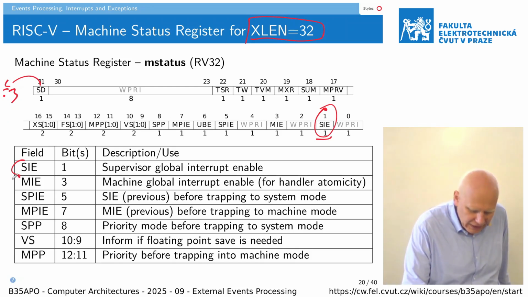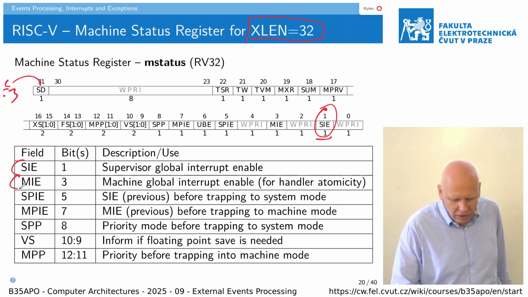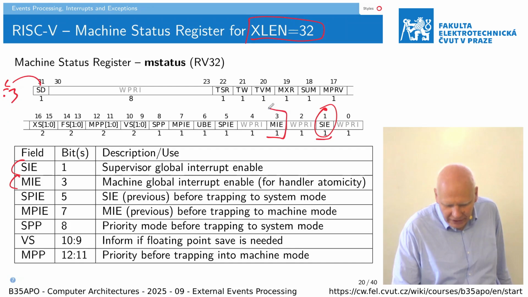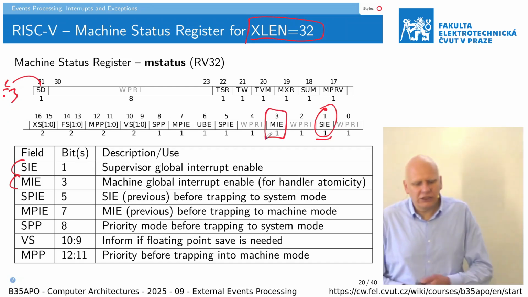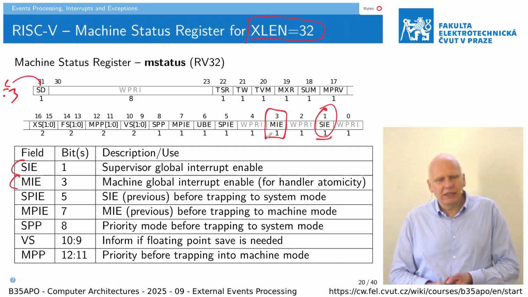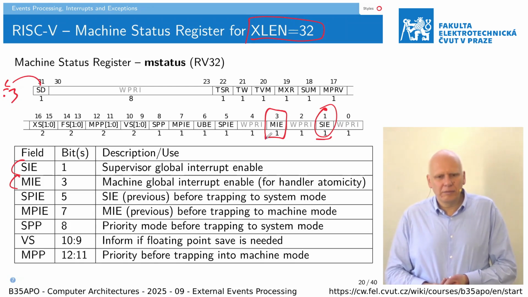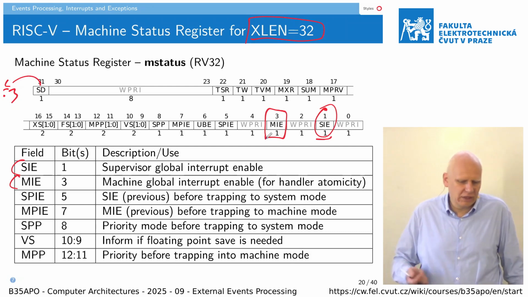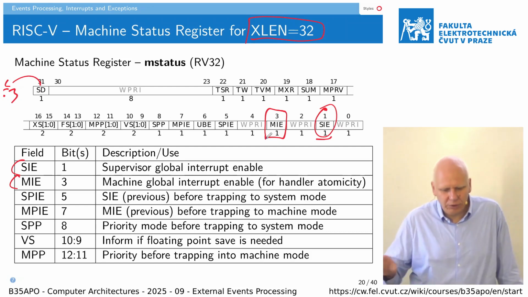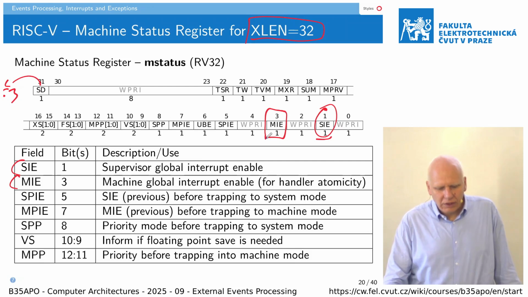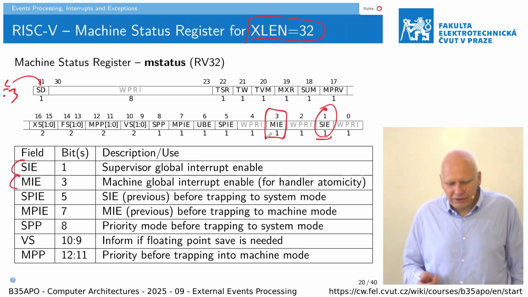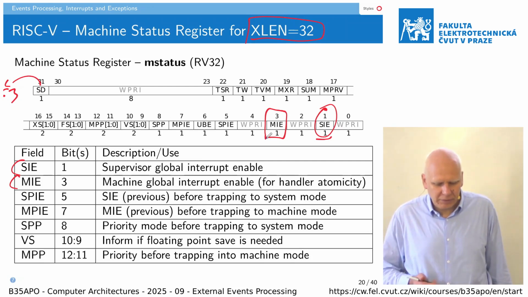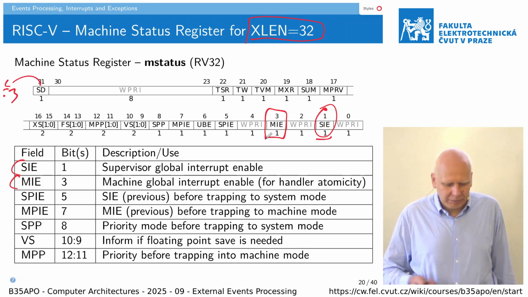Then we have the machine interrupt enable. By altering this bit, we can block all maskable interrupts if it is 0. In fact all of them, because we are in machine mode, so there is no other way a maskable interrupt can be accepted.